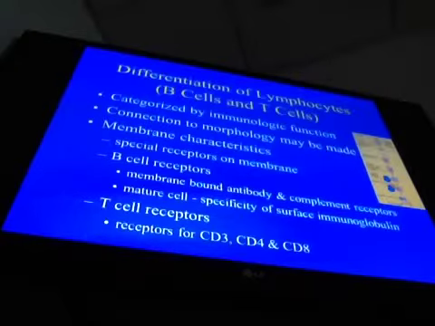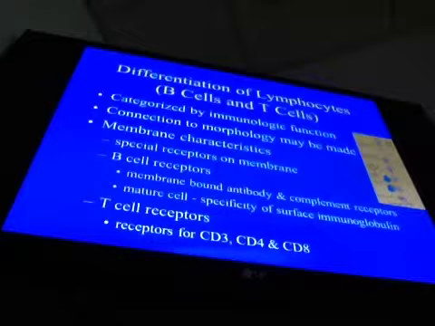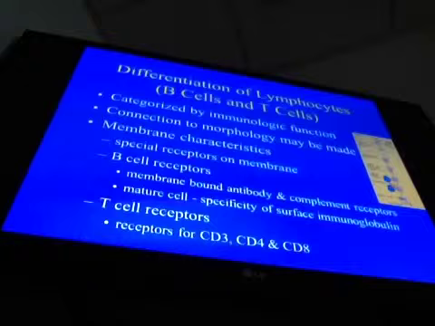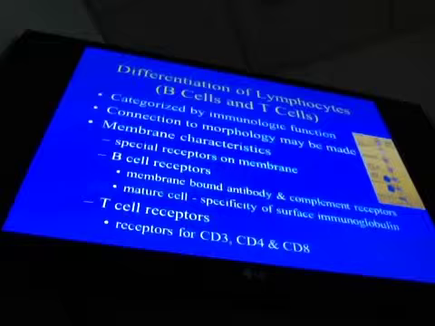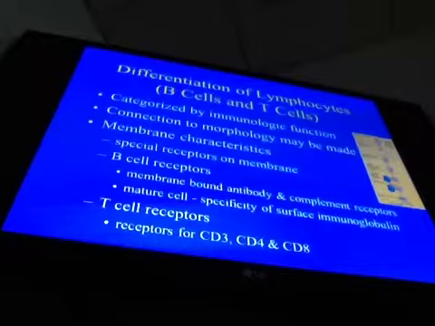For our B cells, there are membrane-bound antibody and complement receptors, because these, again, are the cells that are going to produce antibodies. And in a mature B lymphocyte, that specificity is to the specific surface immunoglobulins. On T cells, we have receptors to the CD cells that we use to identify and monitor cellular function in some viral diseases. So receptors for CD3, CD4, and CD8.